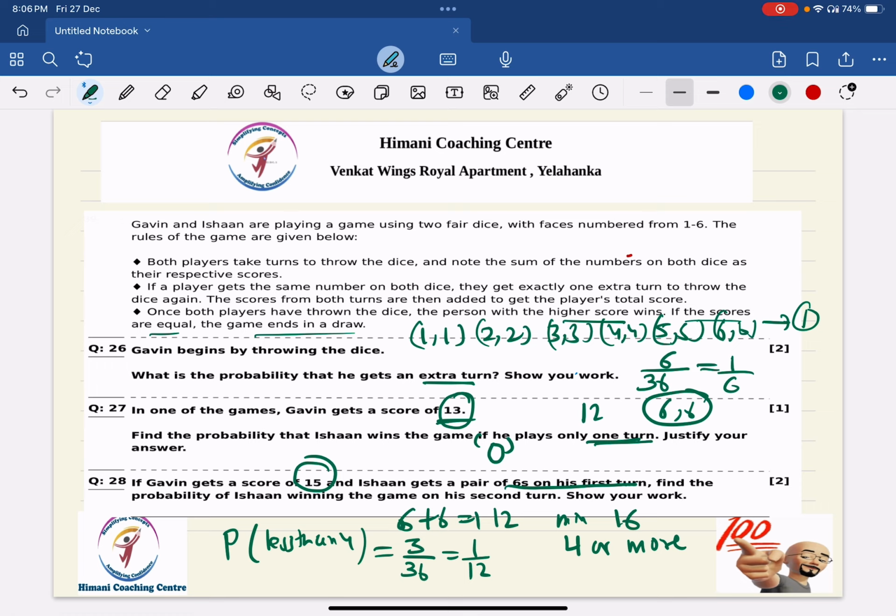Now, what is the probability that he will get 4 or more? That would be 1 minus 1 by 12, which would be 11 by 12. Okay. So this is how you will get the answer. 11 by 12 would be our answer.